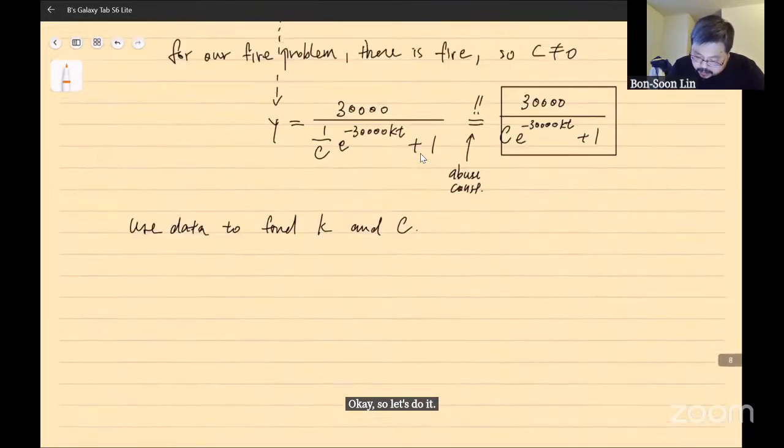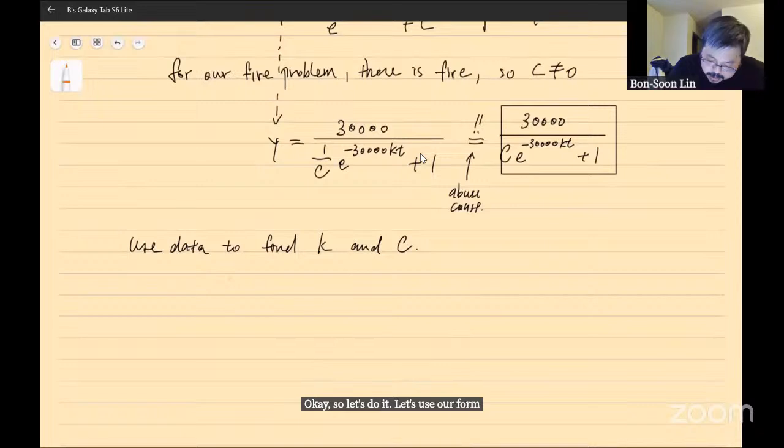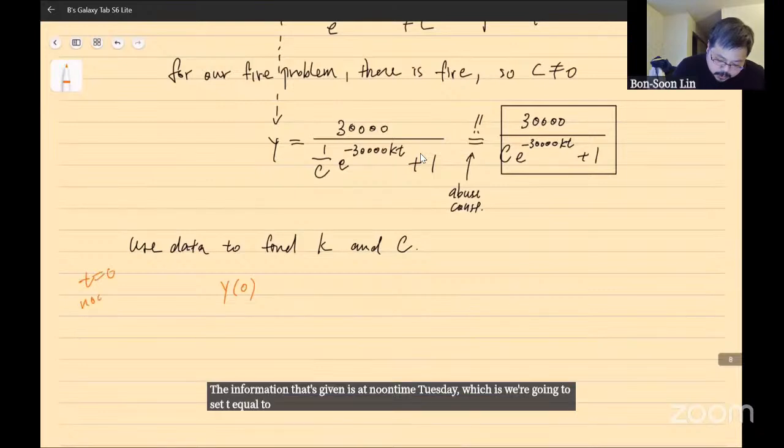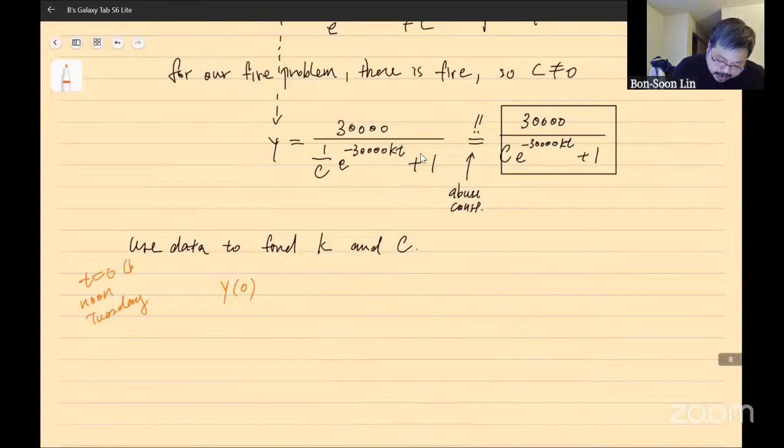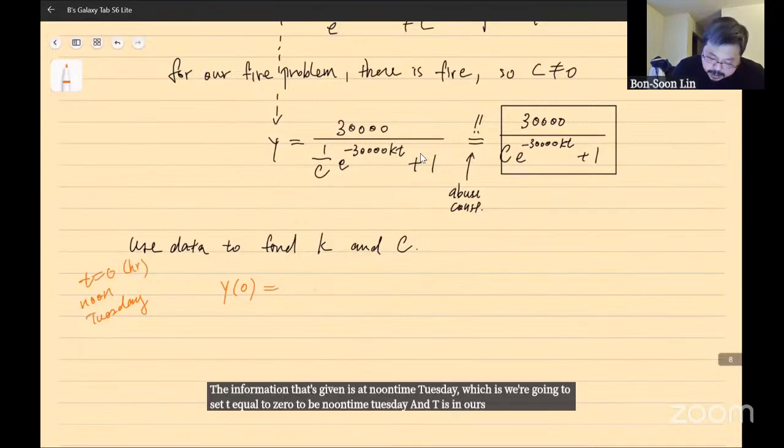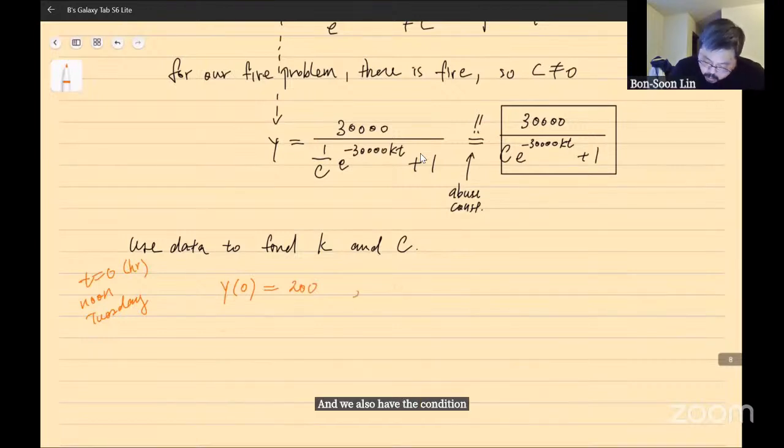Let's use our form of the solution. The information that's given is at noontime Tuesday, where we set t equal to 0, and t is in hours. So initially, there are 200 acres burned. And we also have the condition y of 2, two hours later, is 300.